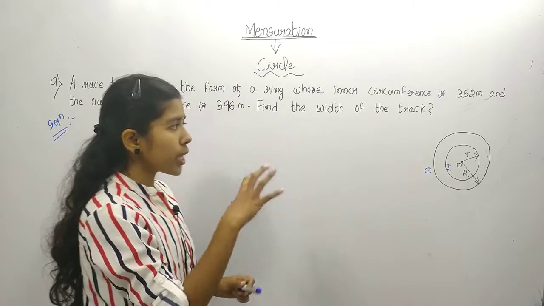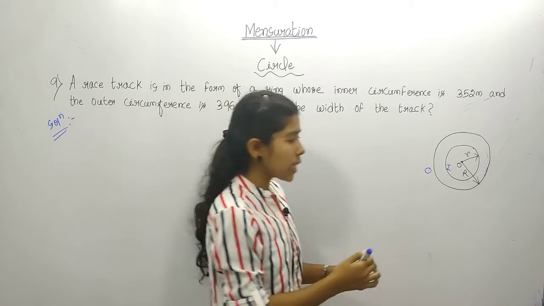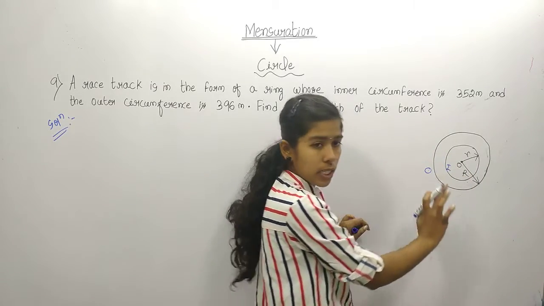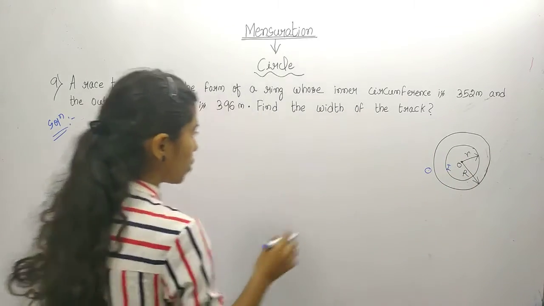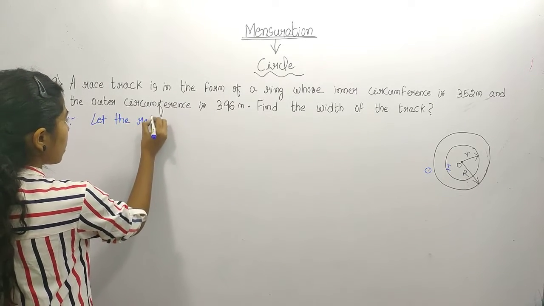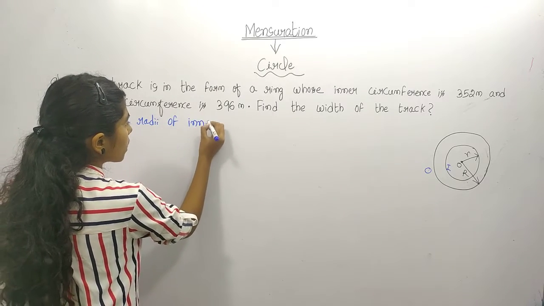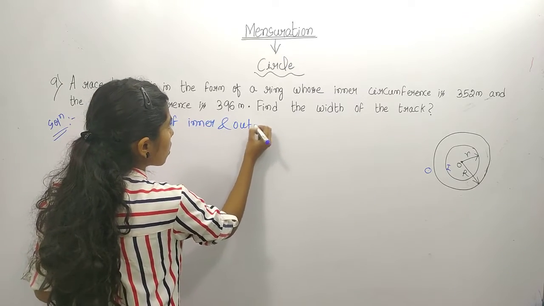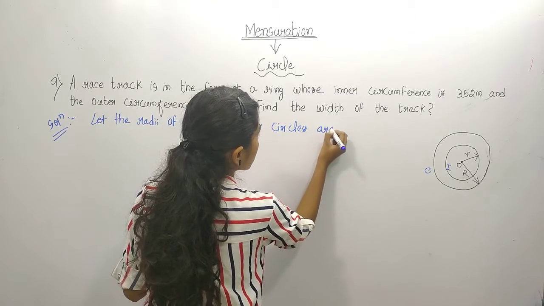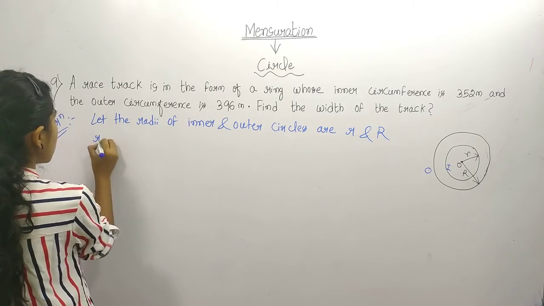So before going into this circumference, first you have to have a complete idea of the radius. Here I have written inner radius is small r and outer radius is capital R. So first, let the radii of the inner and outer circles be small r and capital R respectively.